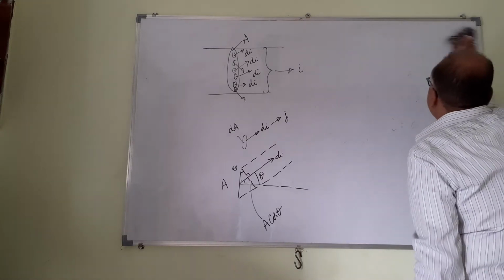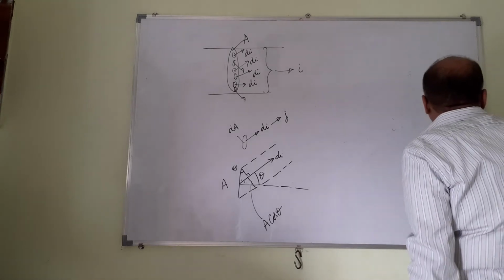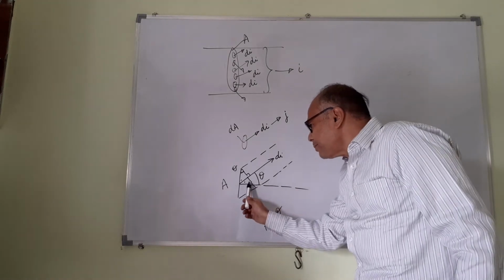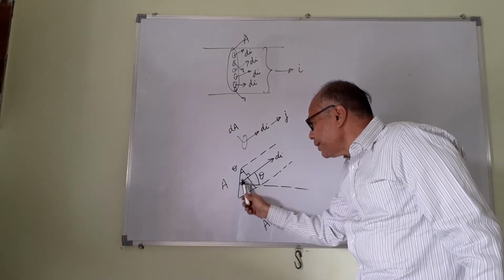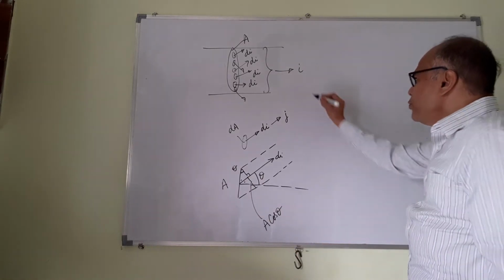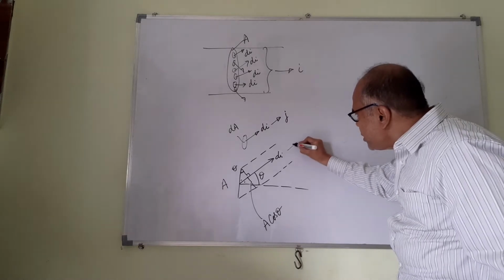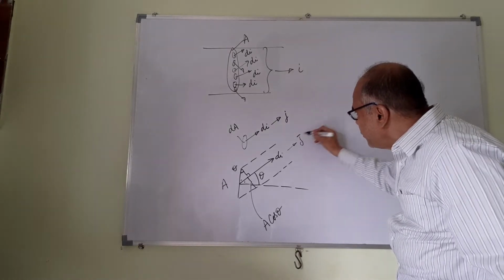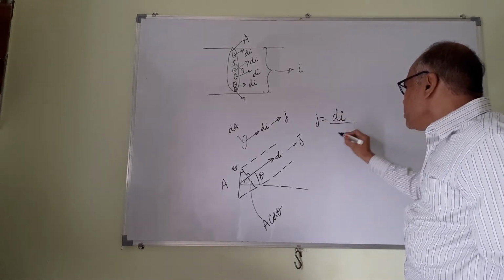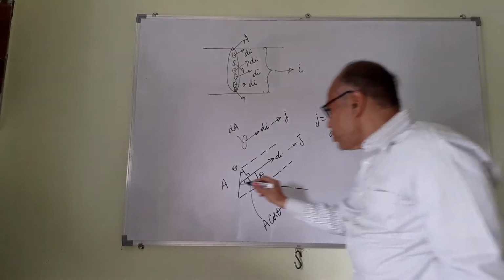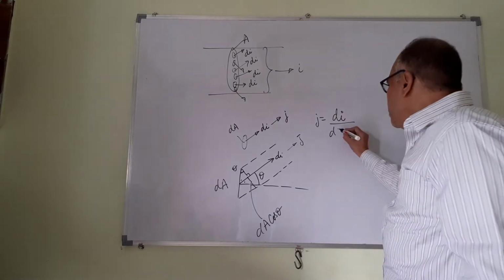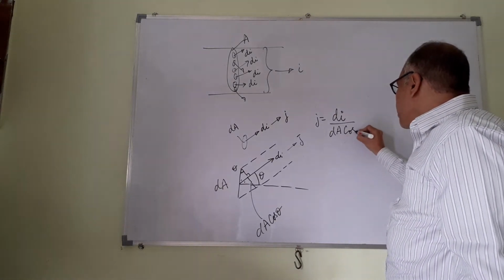Take a look, it is simple geometry. You should not have any difficulty in this, it should be quick. Again I will repeat, theta plus this is 90 and this plus this is 90. Therefore this is theta. So how do we define J now? The direction of J is in the direction of di, and the magnitude of J is di divided by dA, sorry, this is dA, infinitesimal area, so it will be dA cos theta.